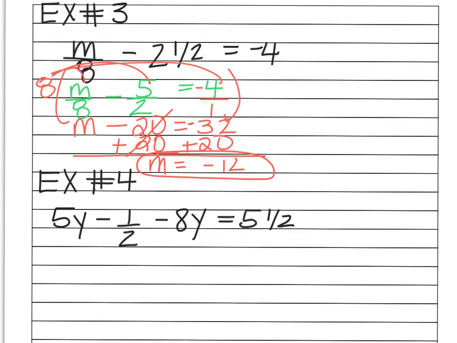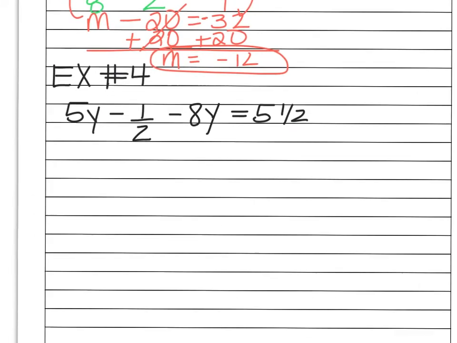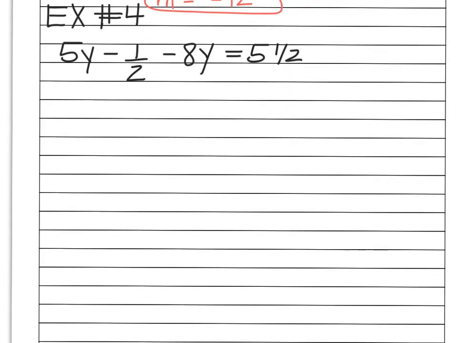Let's look at example number 4. I'm going to go ahead and also turn my 5.5 into an improper fraction. So I'm going to have 5y minus 1/2 minus 8y equals 5 times 2 is 10 plus 1 is 11 over 2.